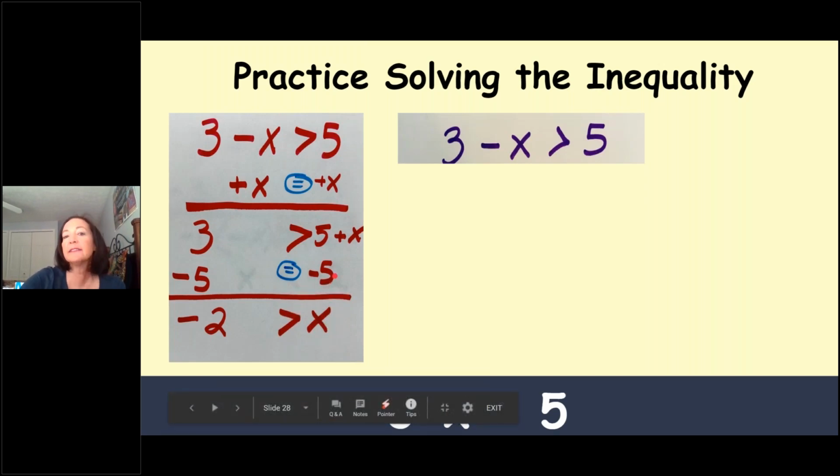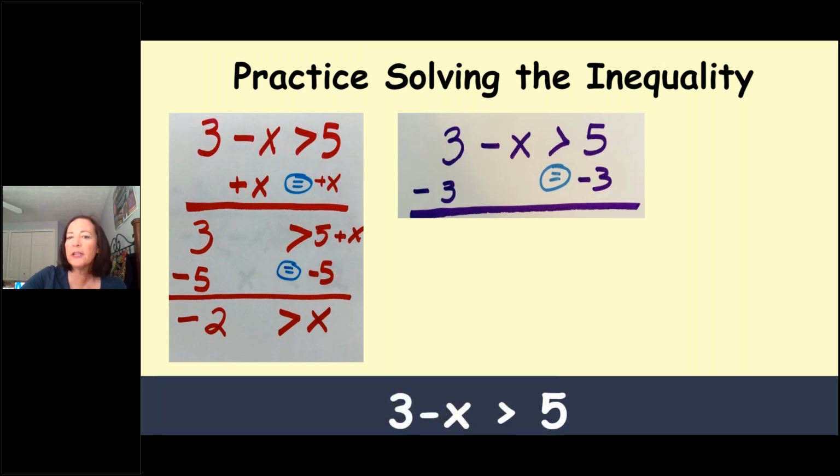So 3 minus x is greater than 5. She subtracted 3 from both sides. That leaves us with -x is greater than 2. In my experience, a very common mistake is that students drop off that minus sign. You can't just say x is greater than 2. That minus sign sticks with the x.